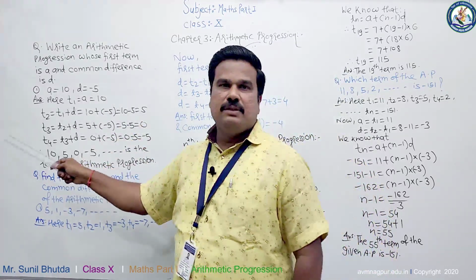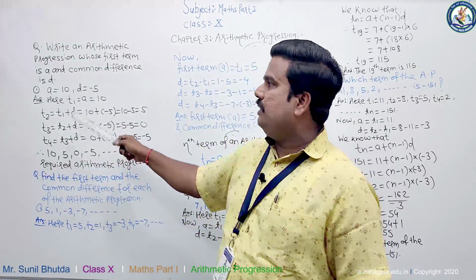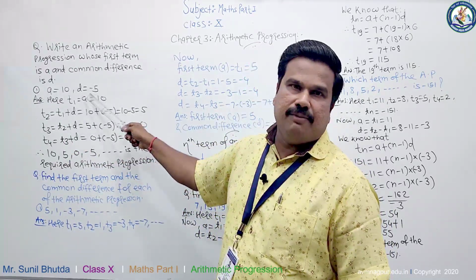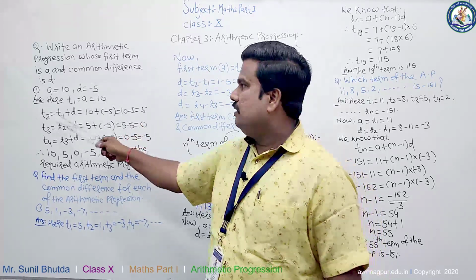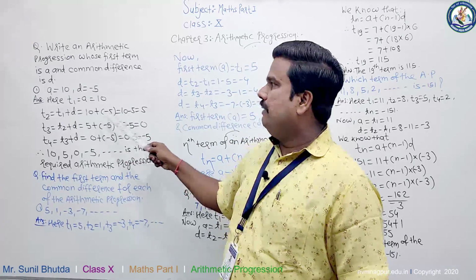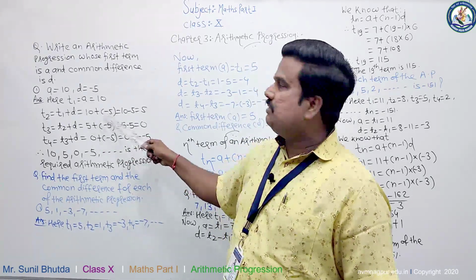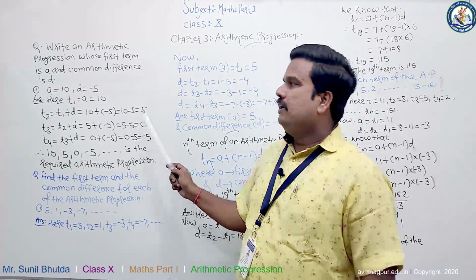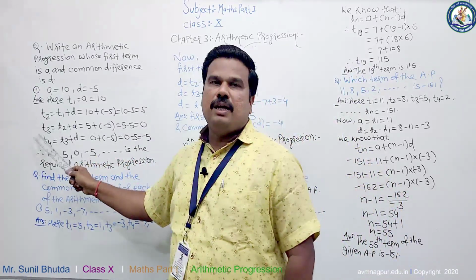What is the second term? The second term can be calculated by adding the first term and the common difference. T1 is 10 plus the common difference, minus 5. Plus into minus will give minus, 10 minus 5 will give 5. And now we will find out the third term.